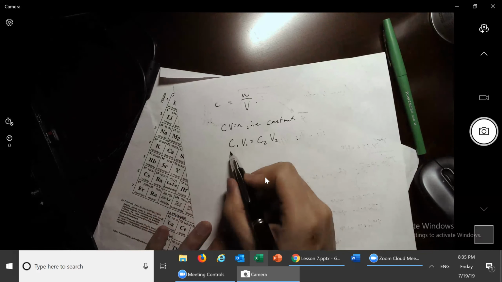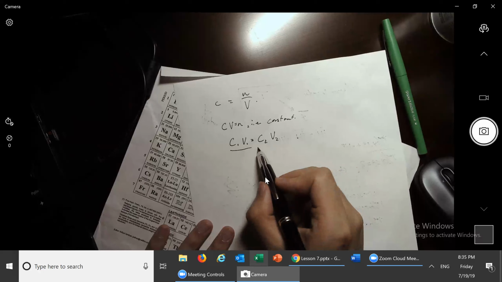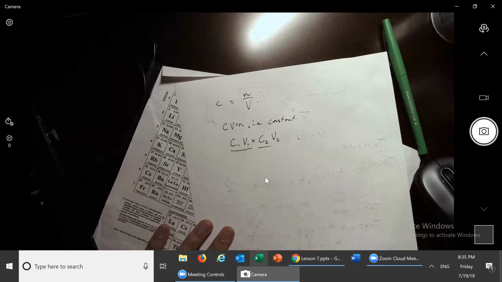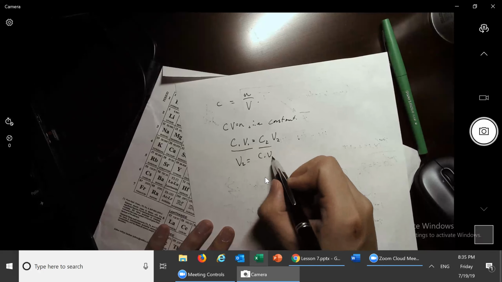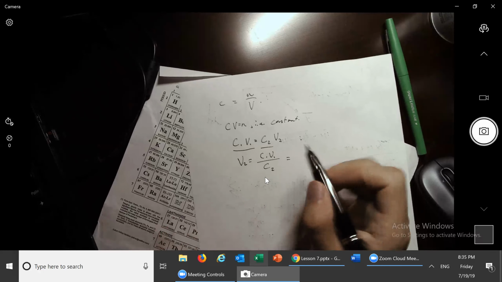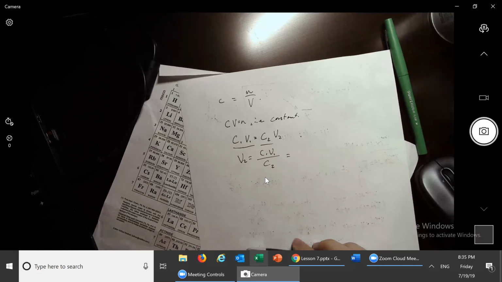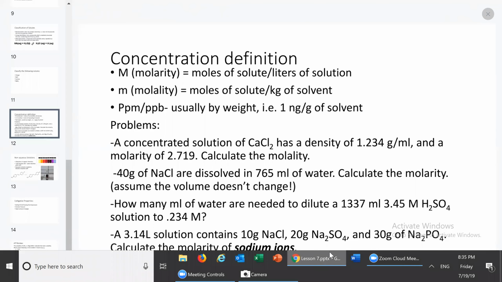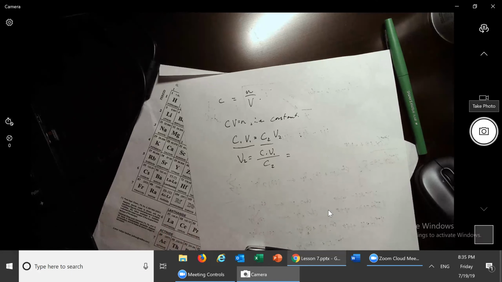So we know the initial state and we know the new concentration. So we need to find this. So V2 equals C1 V1 over C2. And then what does this equal? So can someone tell me what that equals? So what does V2 equal?